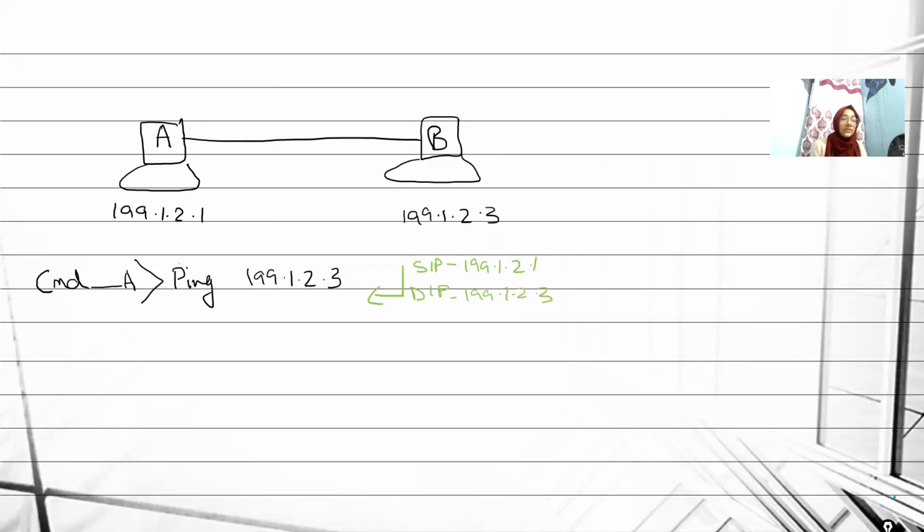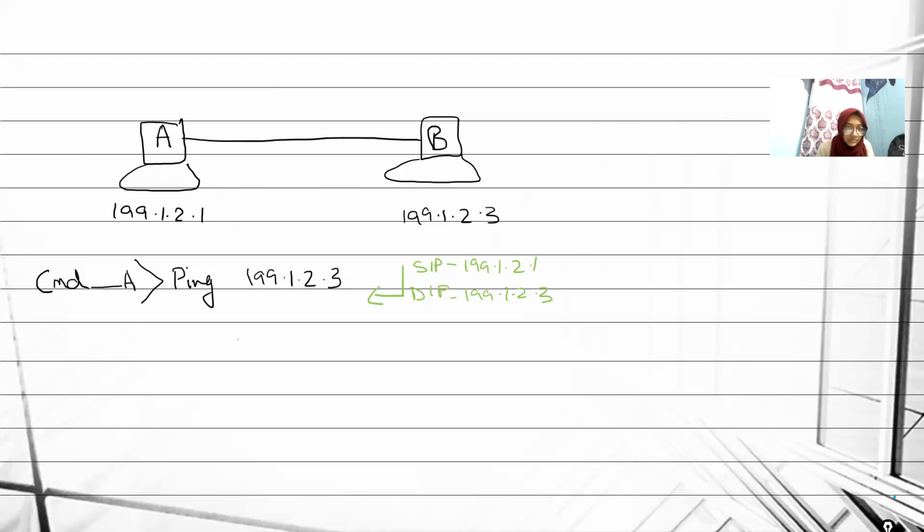And why is that so? Because we are pinging from machine A, so its own IP goes as the source IP, and the destination IP is 199.1.2.3 because we have to communicate with machine B.